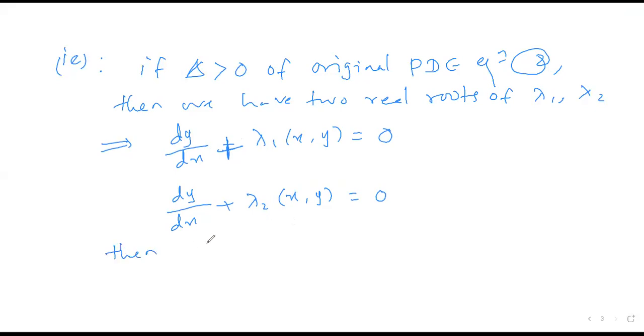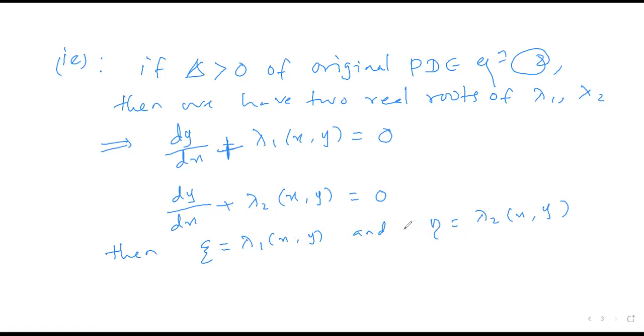Then let's take zeta as lambda 1 of x comma y and eta as lambda 2 of x comma y. So one solution we are taking as zeta and one solution we are taking as eta.